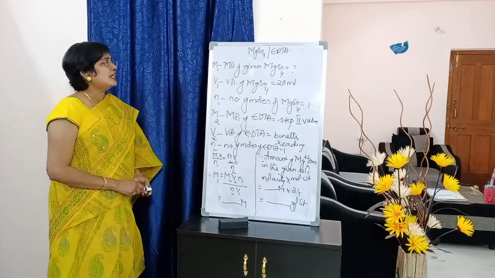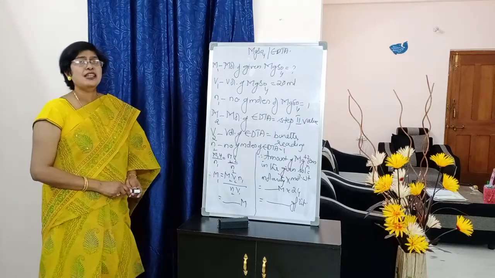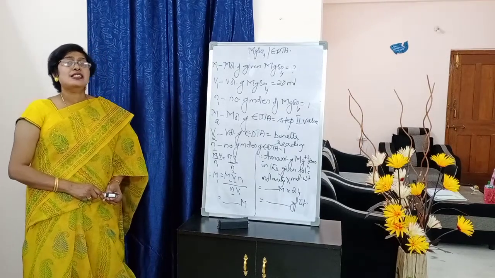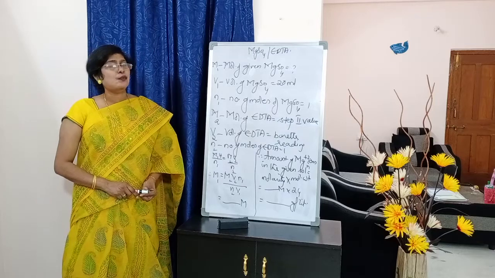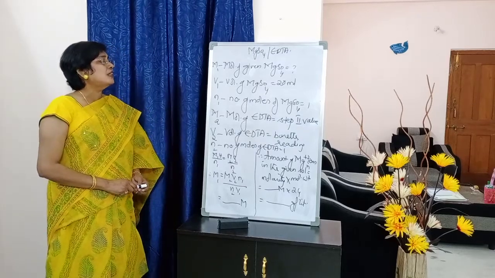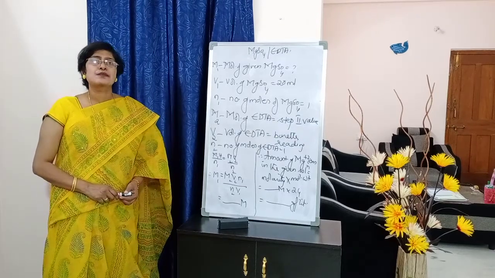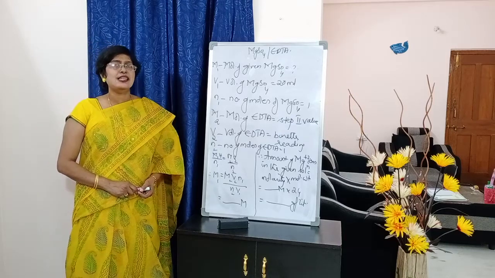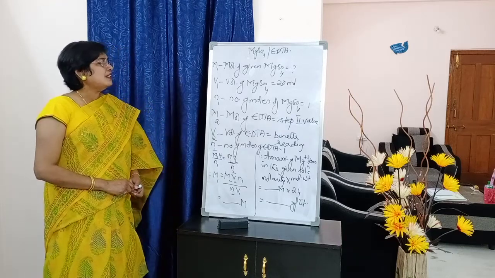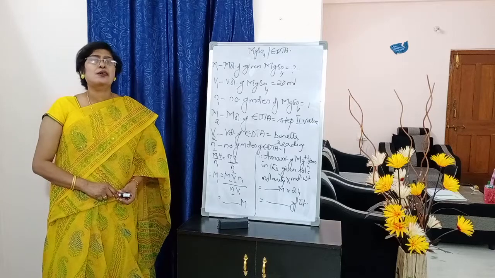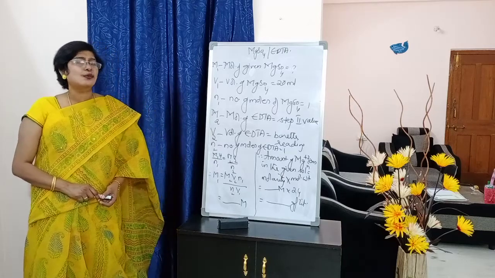Okay. So M1, molarity of the given MgSO4 which is to be calculated, is equal to question mark. V1, volume of MgSO4, that is the given unknown solution, 20 ml. N1, number of moles of MgSO4 from the reaction is 1.